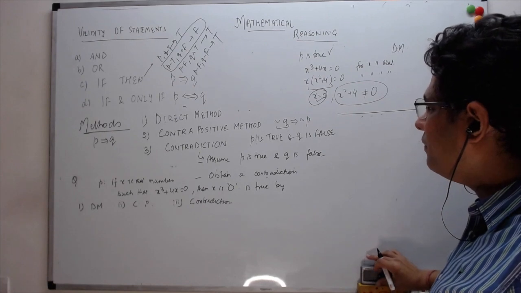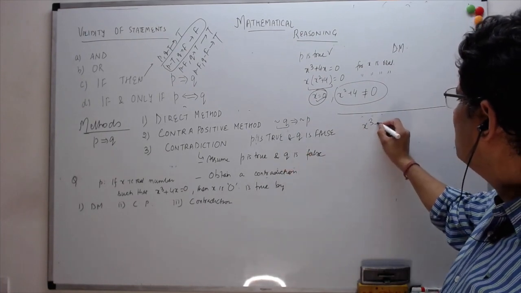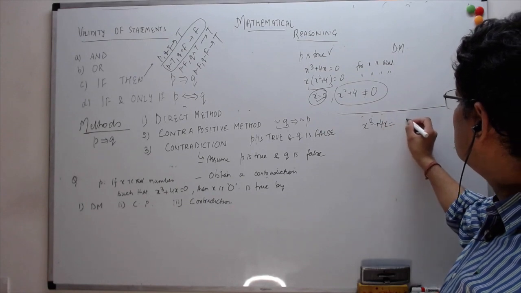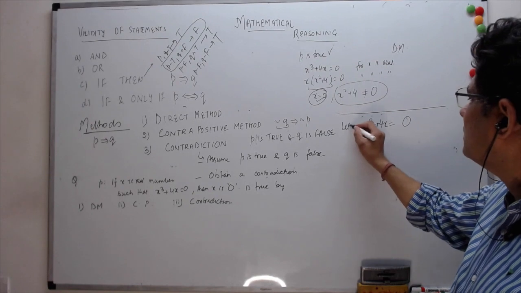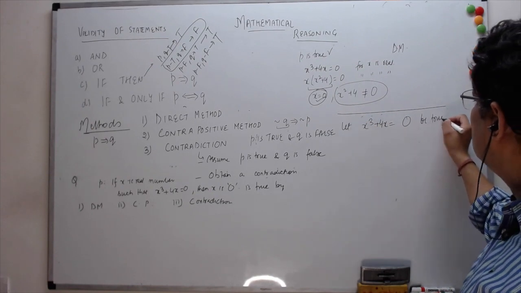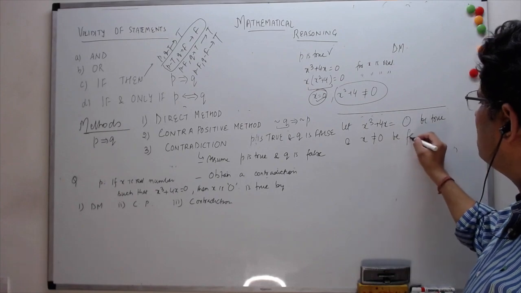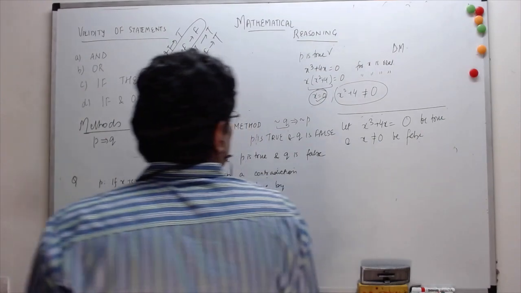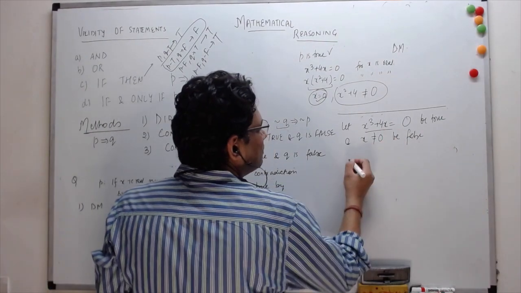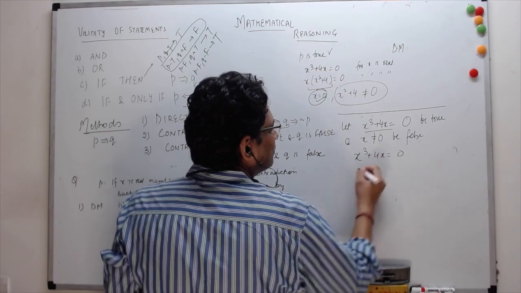So if P is true, that means what we are assuming is that x cube plus 4x equals 0 is true, and let x not equal to 0 be false. This is what we are assuming. Okay, so with this assumption, what we get is again x cube plus 4x equals 0.